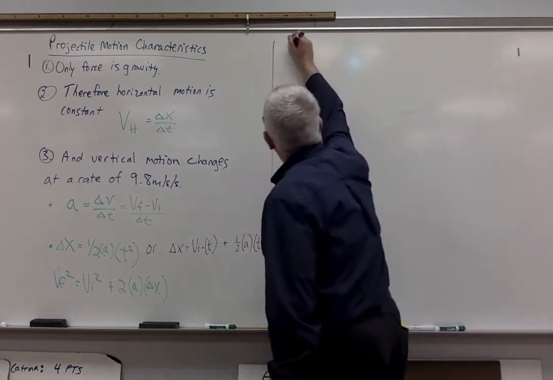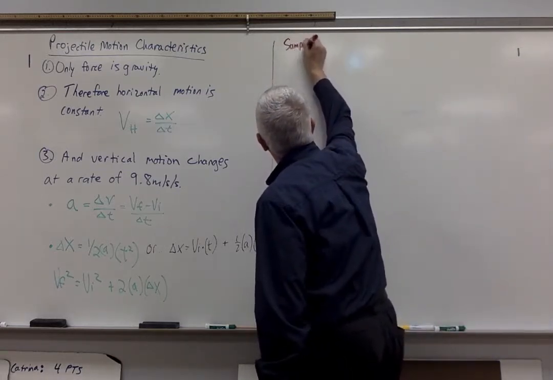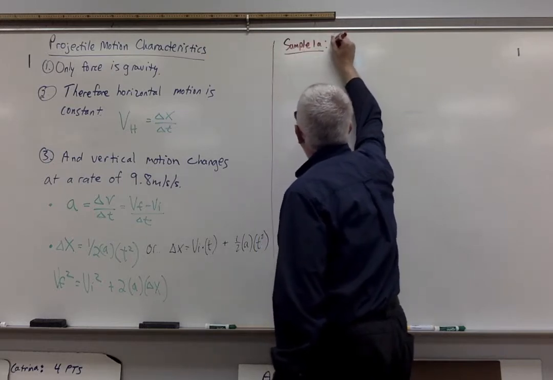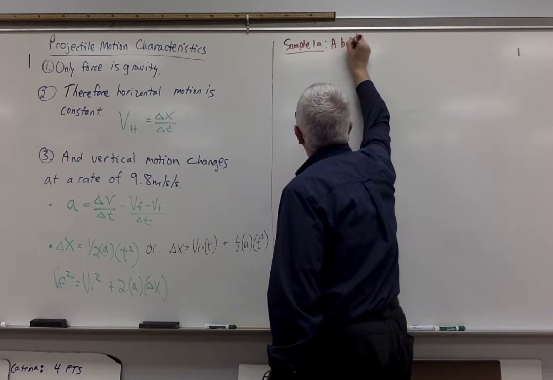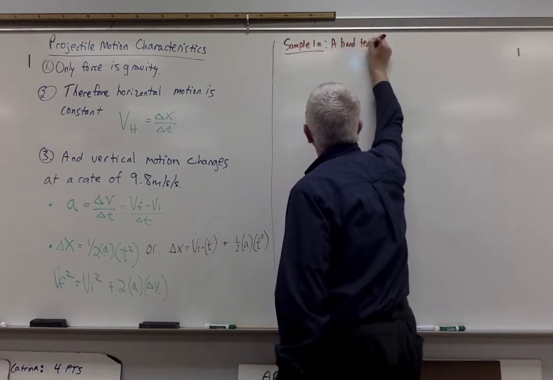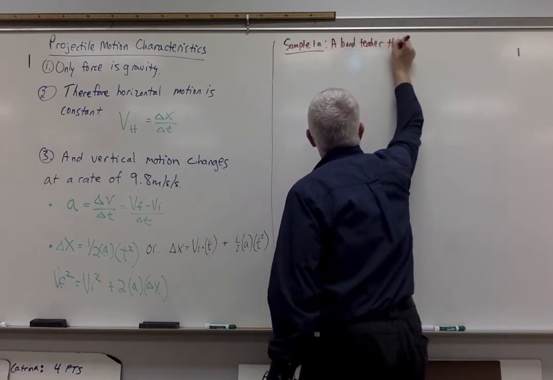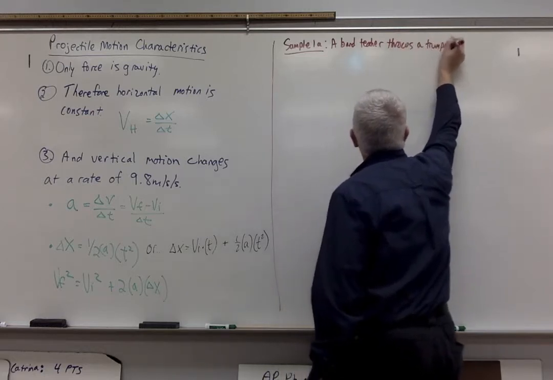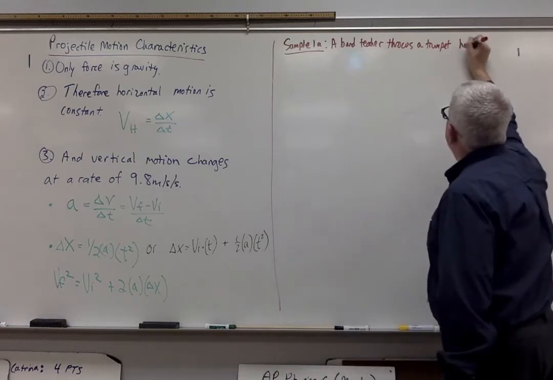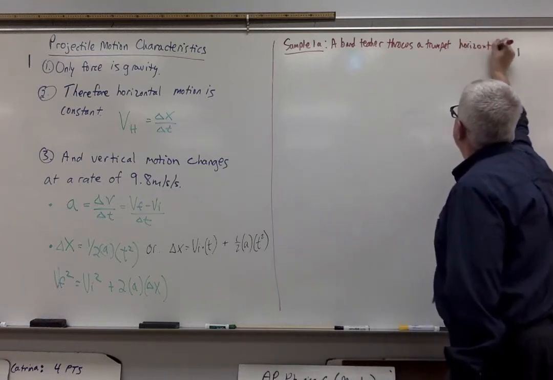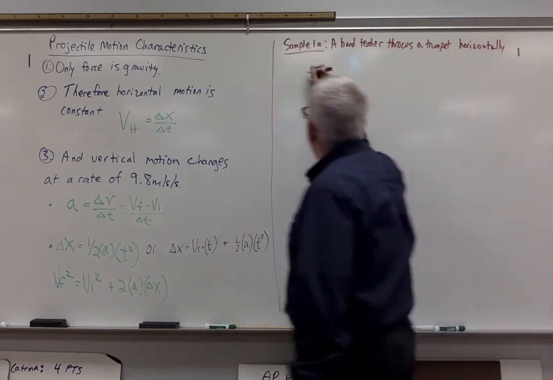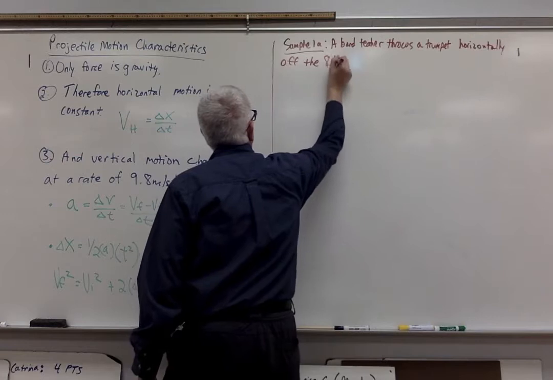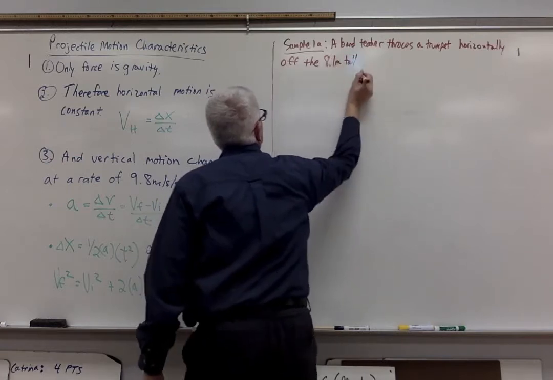So this sample, 1A: a band director, say teacher, throws a trumpet horizontally off the 8.1 meter tall band tower.